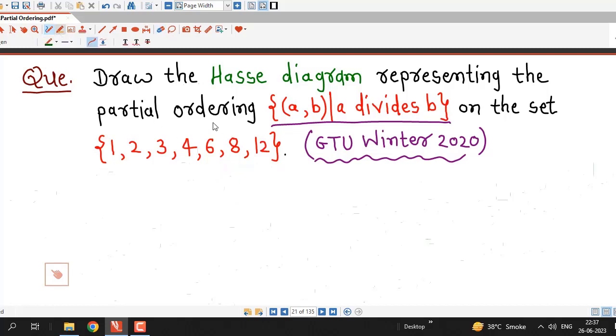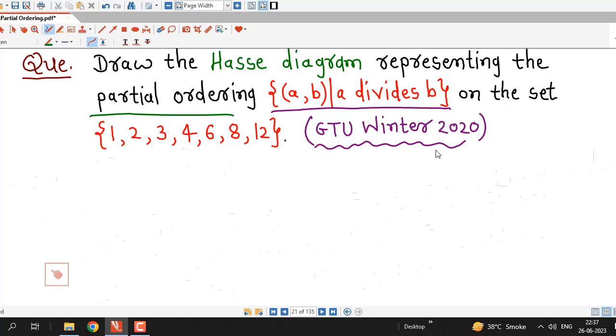It is already given that this relation is a partial ordering, and this question was asked in the GTU Winter 2020 exam. So the first thing we have to decide is that here I have 1, 2, 3, 4, 5, 6 and 7 elements, so I will have to draw 7 small circles.